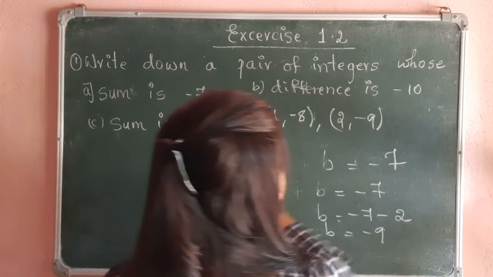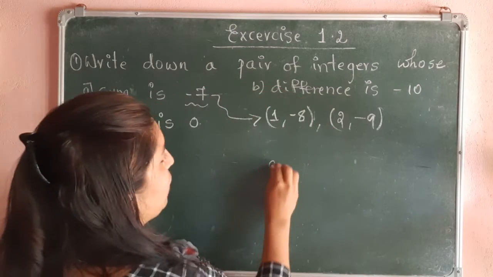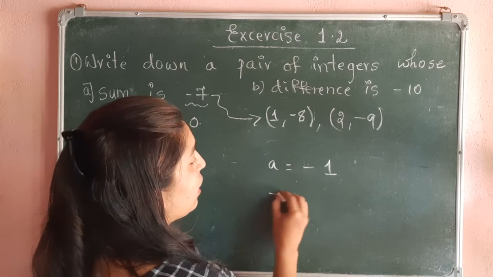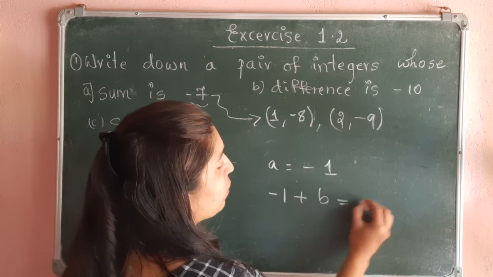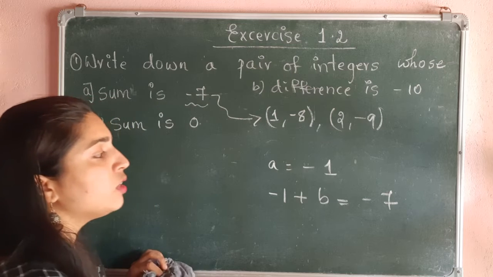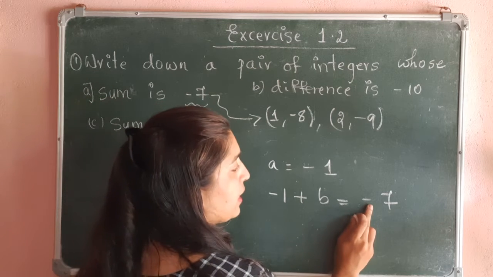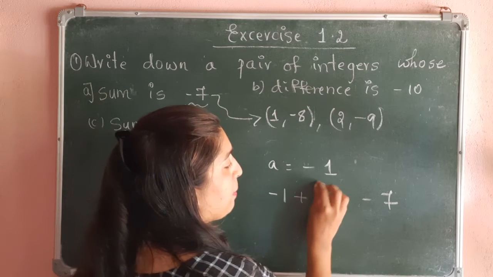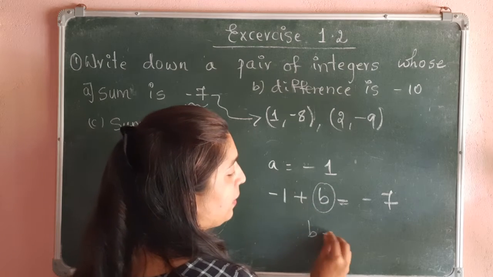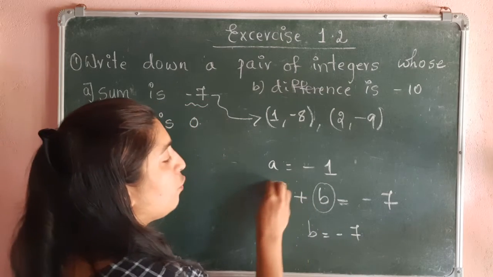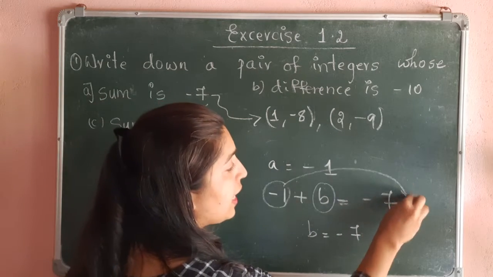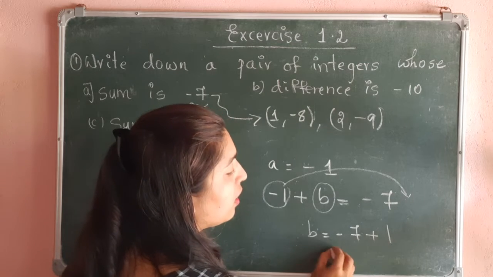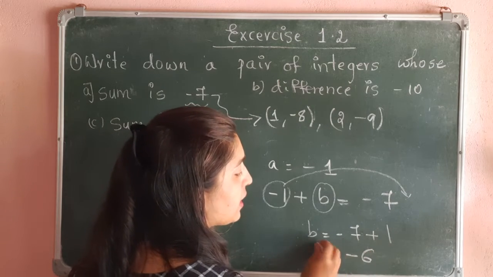If I consider a negative integer, a is equal to minus 1, so minus 1 plus b is equal to minus 7. So here it is minus 7. That means b will be a negative integer. b is equal to minus 7, if I take this to the right hand side, it becomes plus 1 and it is minus 6.